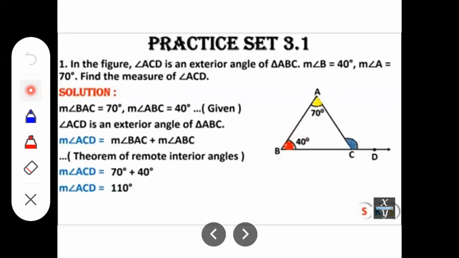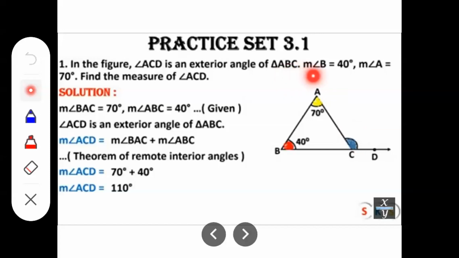Now see the example. What is given? Angle ACD is an exterior angle. See, angle ACD, this blue marked, is exterior angle of triangle ABC.